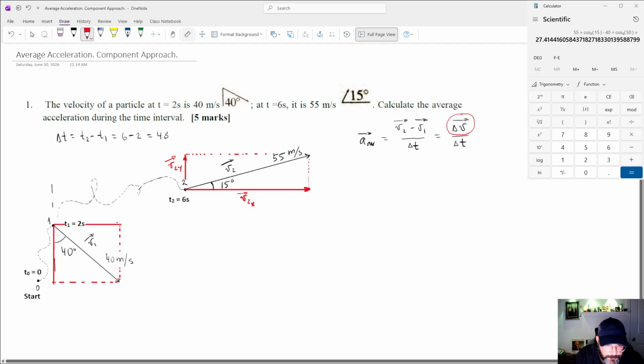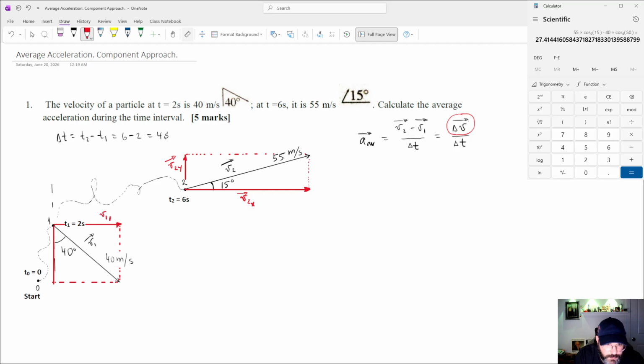So this is going to be our v1x here, and this is going to be the v1y vector. Okay, and this angle is 50 degrees.